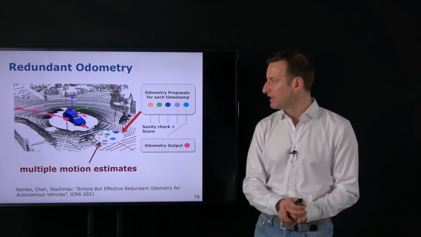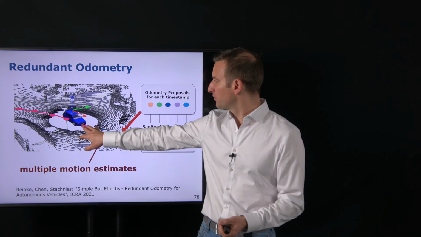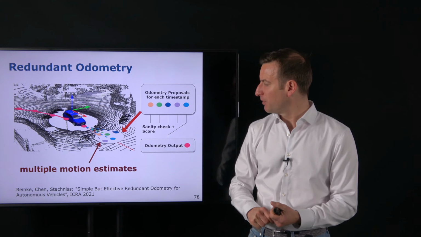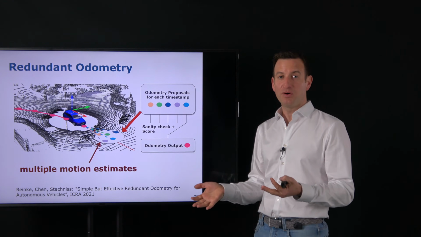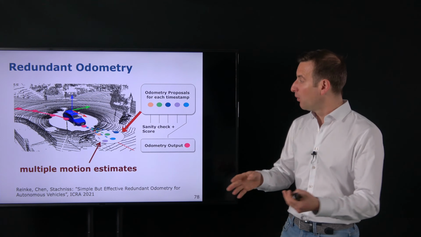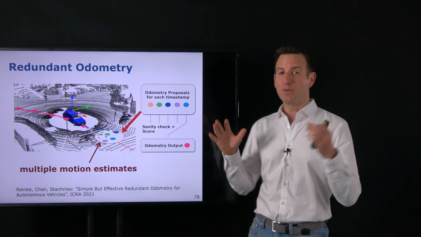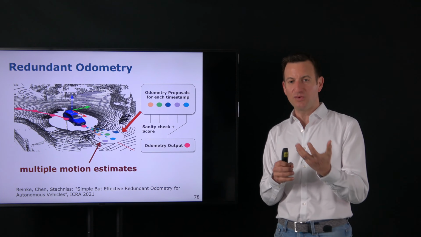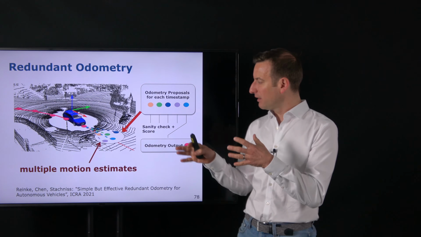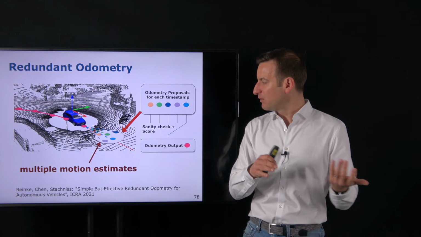What you then can do is you can actually combine multiple of them. So let's say this way, you have this vehicle moving through the environment and you have different odometry proposals. Let's say one taking robust kernels into account, one using point-to-point, one using point-to-plane, one using additional color information, one using semantics, whatever. You name it, you can generate different proposals. And so what you then can do is you can check how well is the result that this proposal estimates actually in line with the motion.